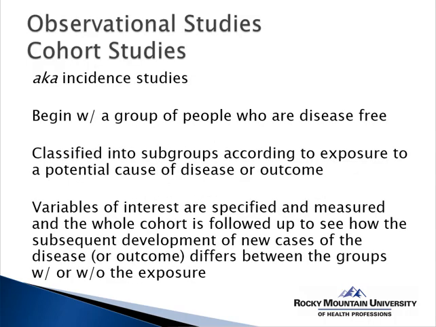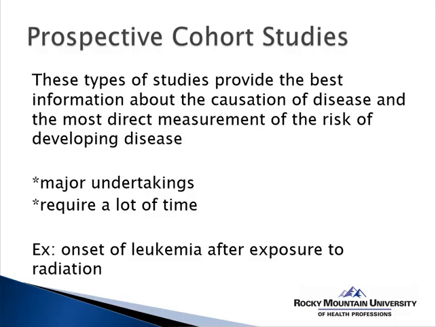Incidence studies, these are the top way of doing things when you can do them. So prospective studies, we talked about them before, they are major undertakings and they can require a lot of time. So for example, what would it take to study the onset of leukemia after exposure to radiation?